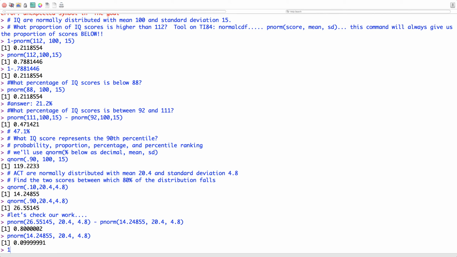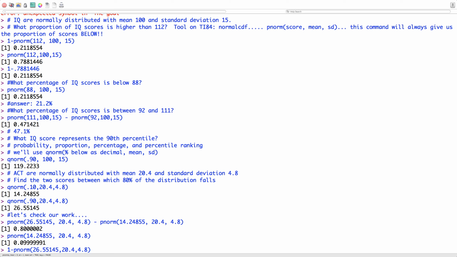What should we get here? 1 minus pnorm(26.55145, 20.4, 4.8). What should we get there? Well, the 1 minus gives us area above. So how much area are we expecting to be above 26.55145?